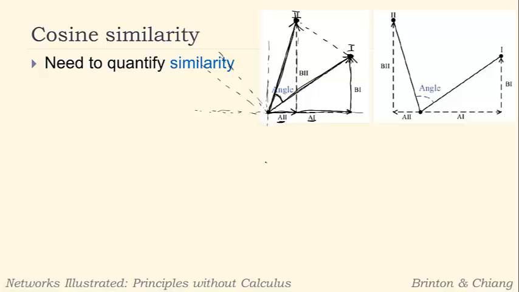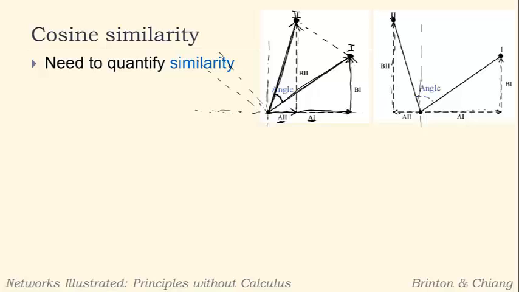Now, here's another example. We're keeping movie 1 over here and moving movie 2 over here. So now, user A had a positive response to movie 1 and a negative response to movie 2. User B had a positive response to movie 1 and also a positive response to movie 2.